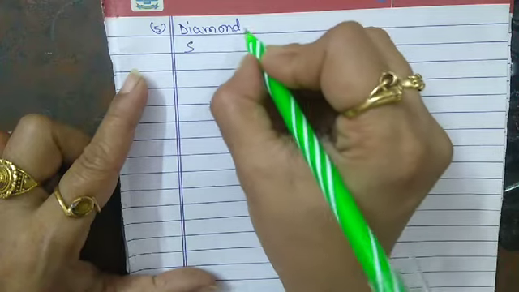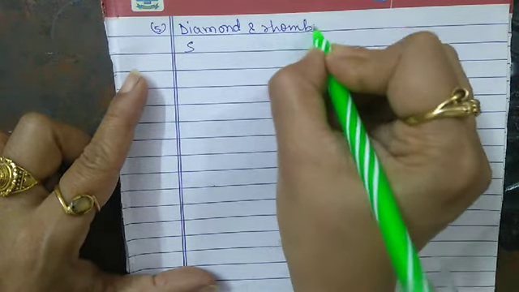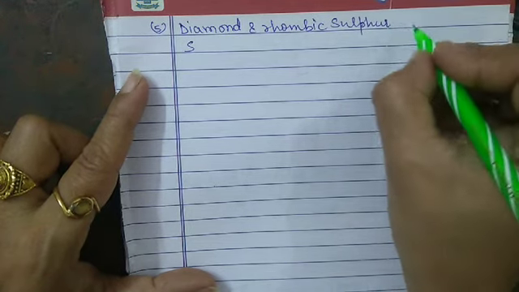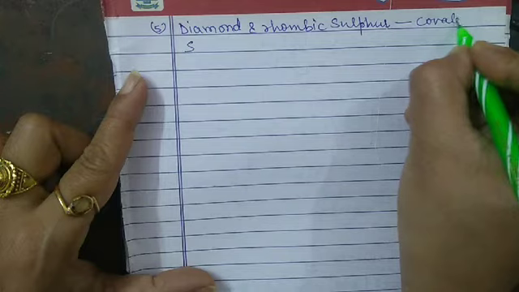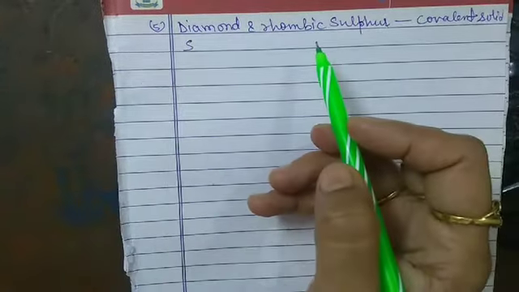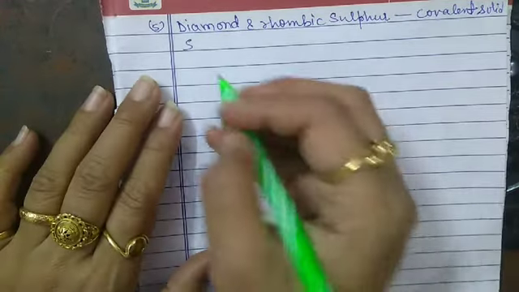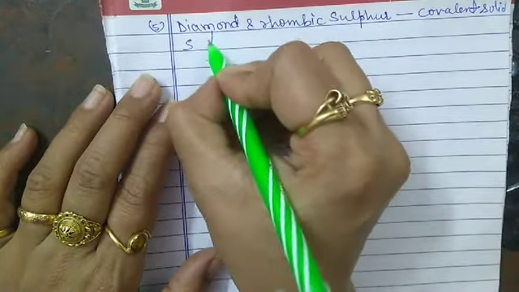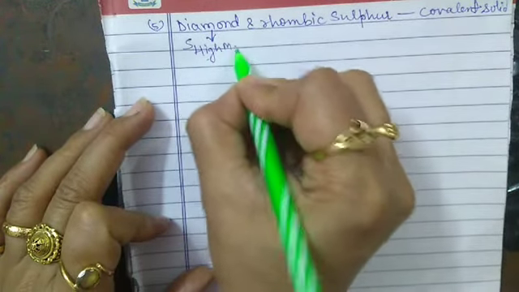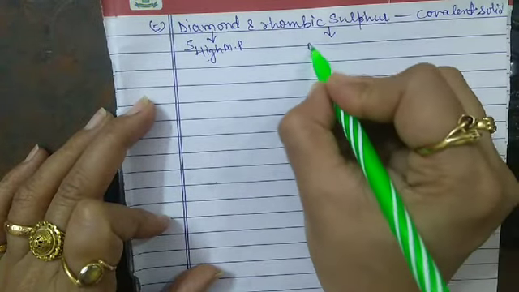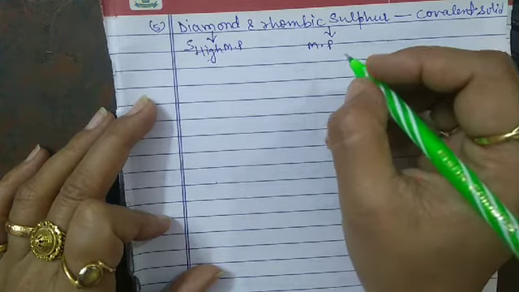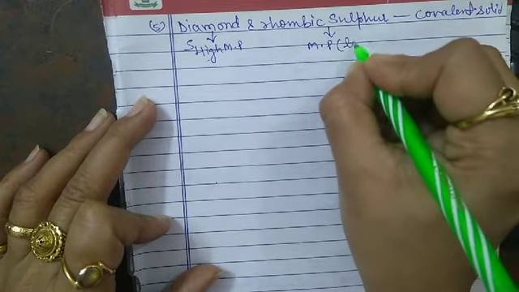So diamond and rhombic sulfur both are covalent solids, but we know that diamond has a high melting point, whereas the melting point of the rhombic sulfur is low.